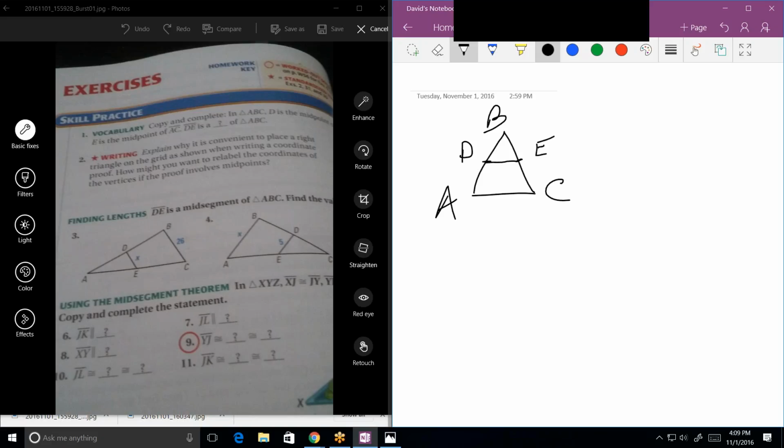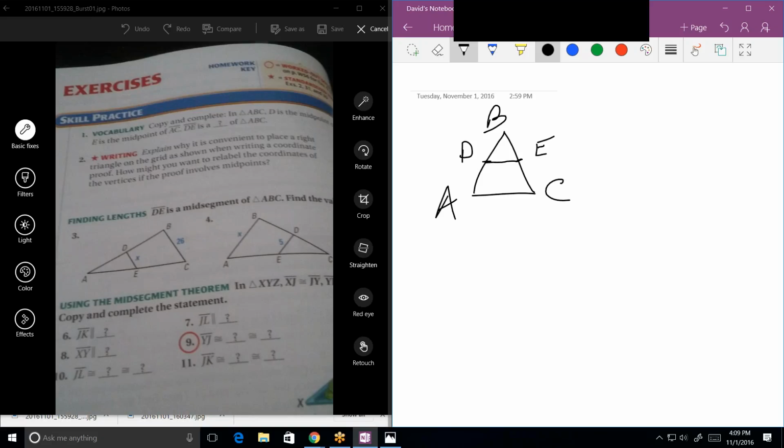Number 3. X equals 13. Okay, midsegments are always half of their base. And then X equals 10. Since DE is a midsegment, you have to double it.